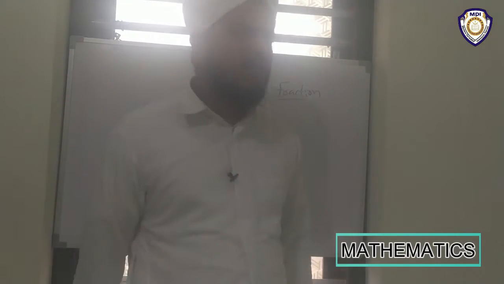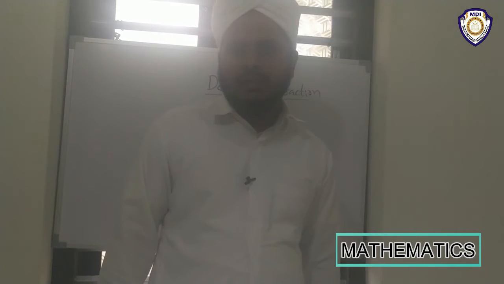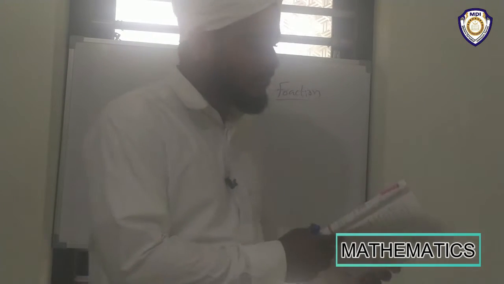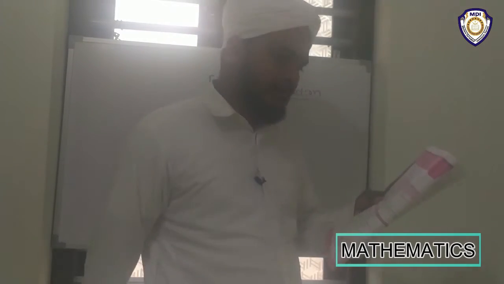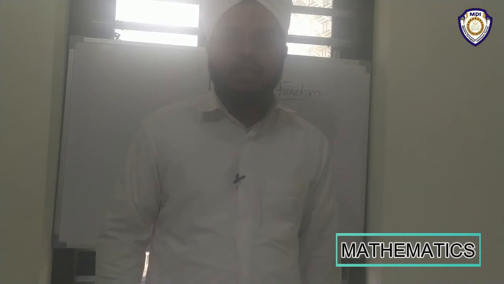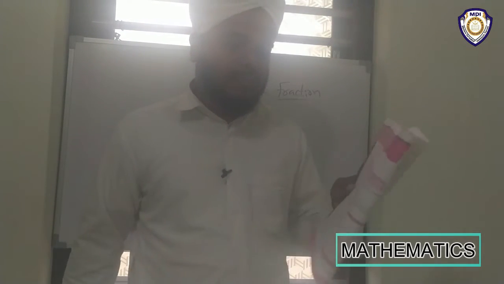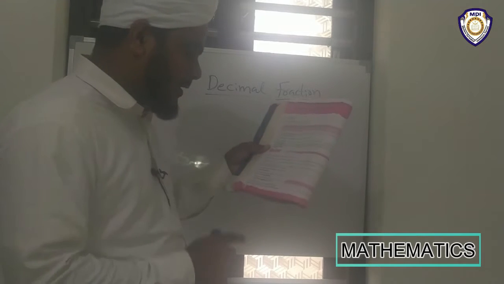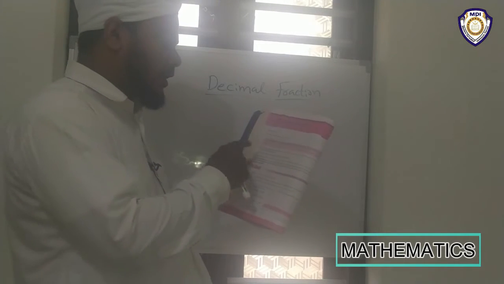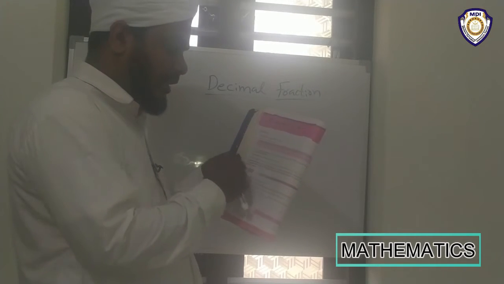What is a decimal number? What is a decimal fraction? There is an example: a line AB. Can you see the length of the line on the scale, page number 82? There is a line AB with the scale.